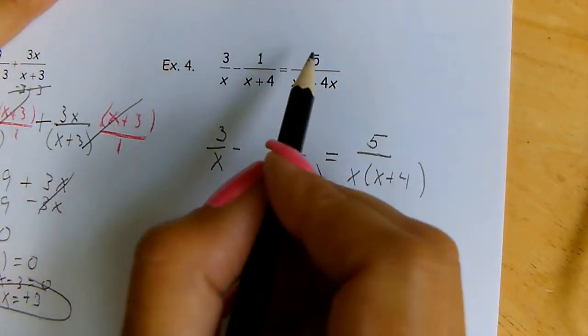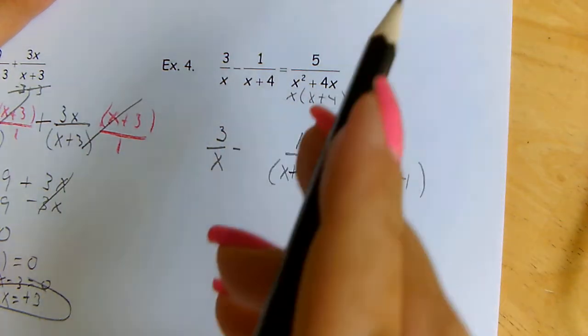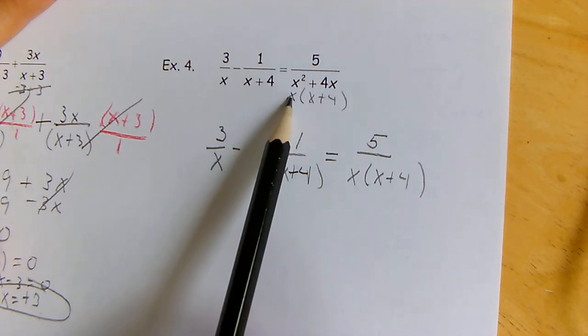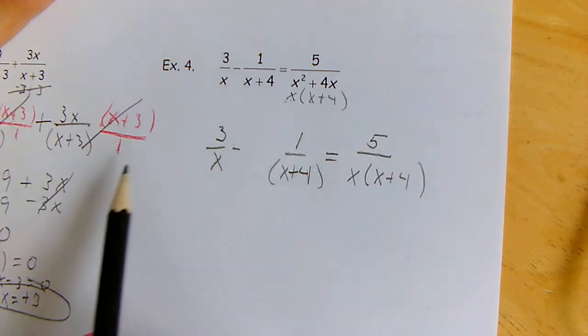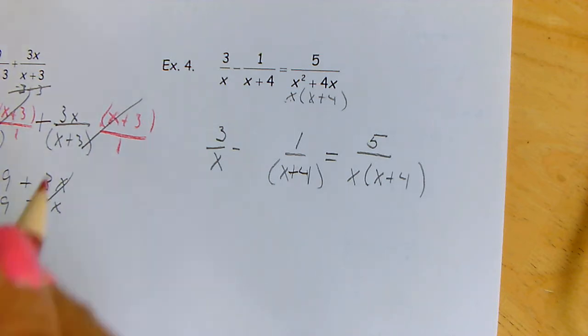Example 4, I need to factor this so I can choose my lowest common denominator, and it's going to be x and x plus 4. So I rewrite everything with space.